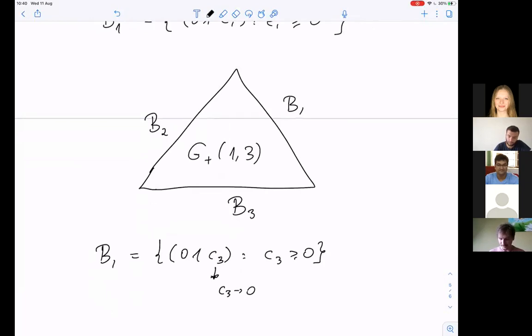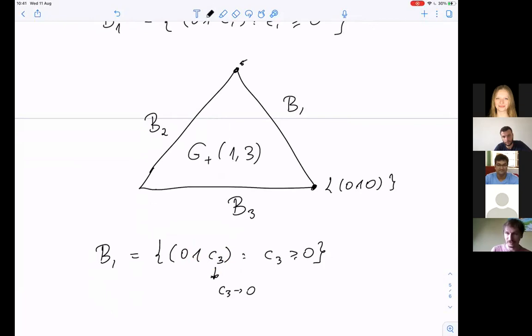Okay, so if I take C3 equal to 0, I get a single point. So this is at this point here, 0, 1, 0. And then similarly, if I rescale everything, I can go to a boundary where this 1 will turn into 0. So if I take C3 to infinity, I approach another boundary, which will be here.